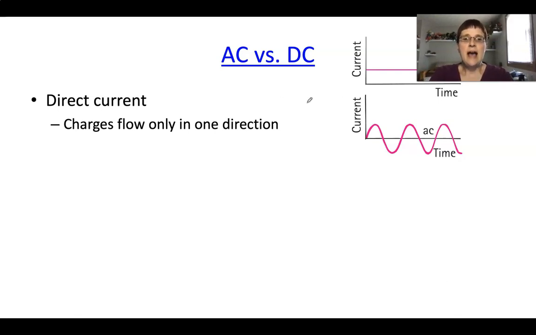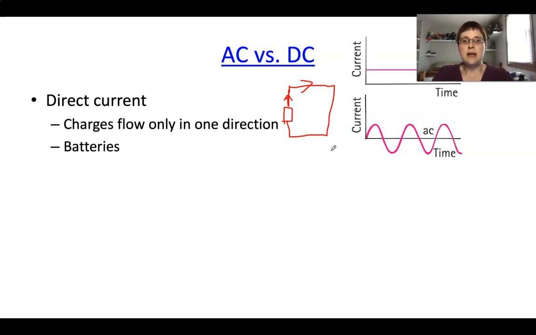So if we have our circuit, so let me draw a little circuit here, and we put in our little battery, the charges are only going to flow this way, just like we saw before. So they only flow one way. This is what batteries do.